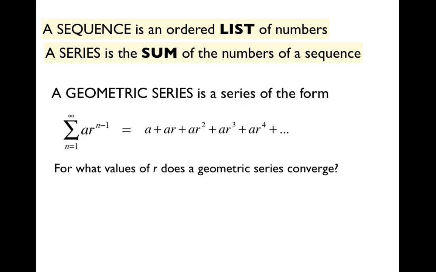Okay, so then the question is, for what values of r does a geometric series converge? Well, for what values of r did the geometric sequence converge? Remember? When did the geometric sequence converge? When r was?